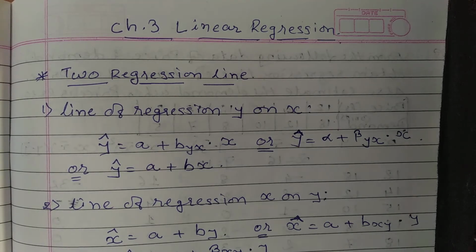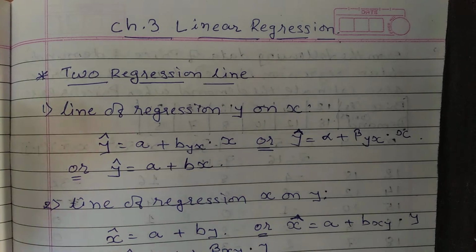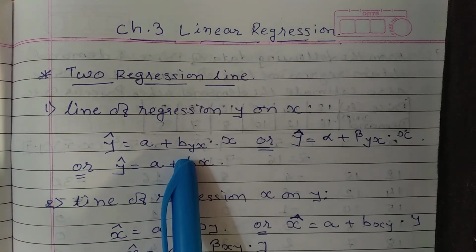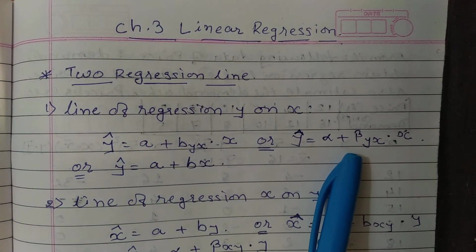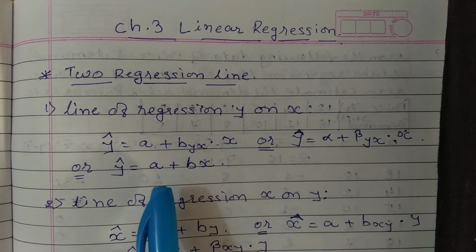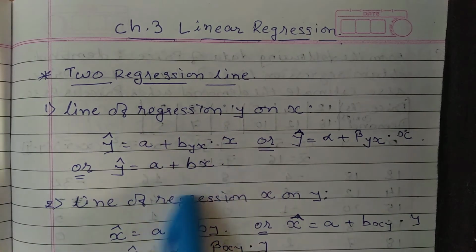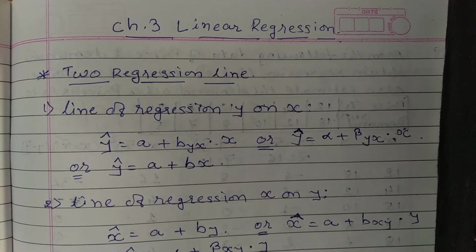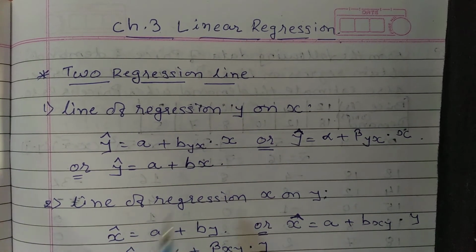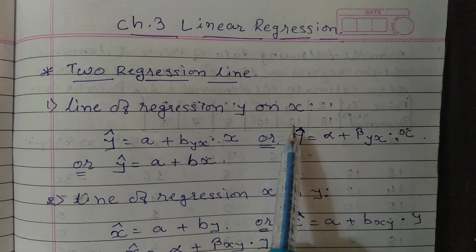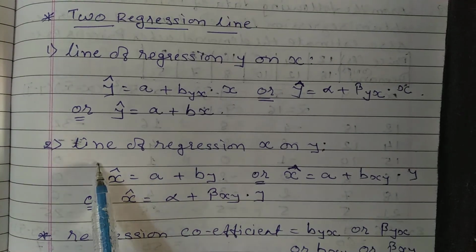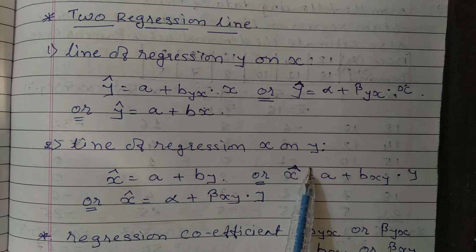It is denoted by byx. You may write byx, or beta yx, or only bx. This is the line which we have to find. See, this is the line of regression of y on x, and in the same way there is the line of regression of x on y.